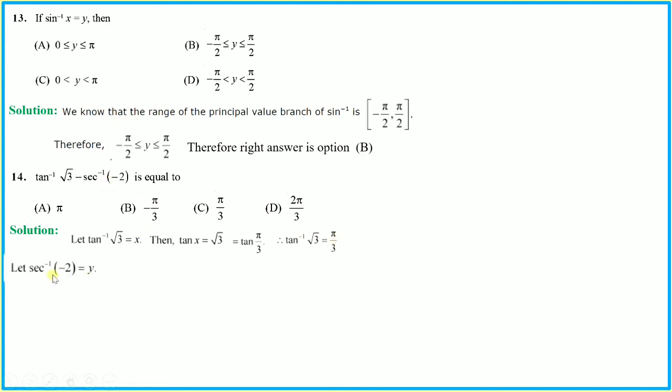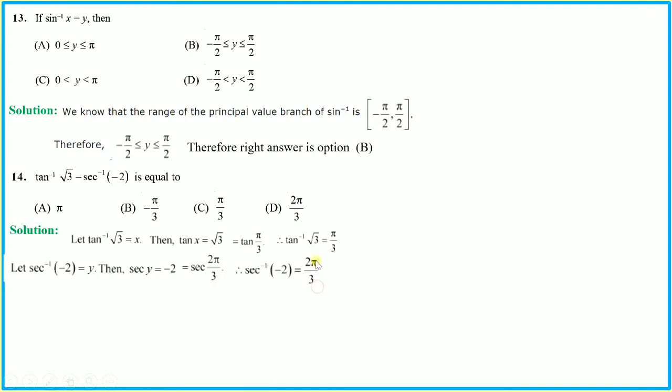Next, let sec inverse minus 2 be equal to y. Then sec y is equal to minus 2. We need to find where sec gives minus 2. That is sec 2 pi by 3, in the second quadrant. So y is equal to 2 pi by 3, that is sec inverse minus 2 is equal to 2 pi by 3.